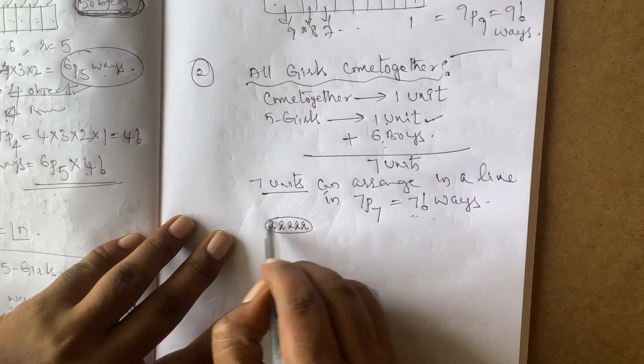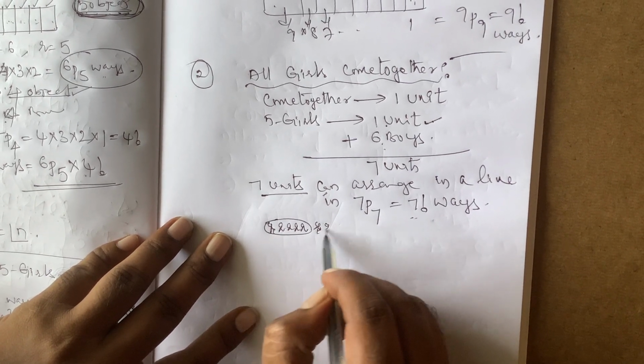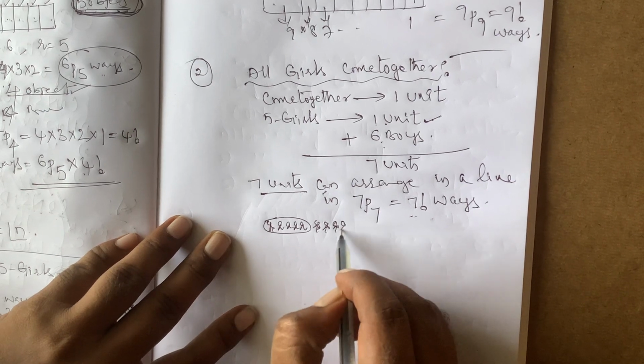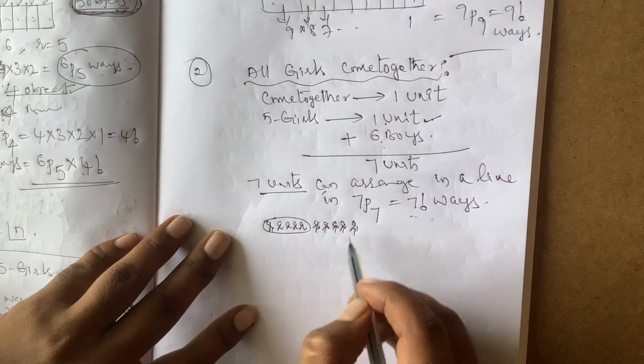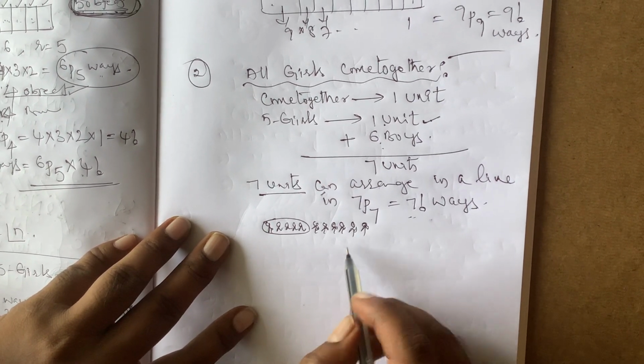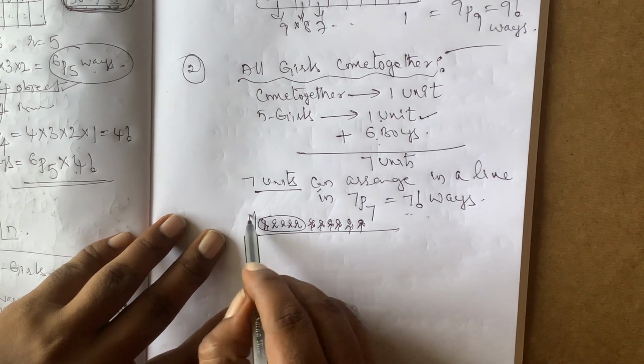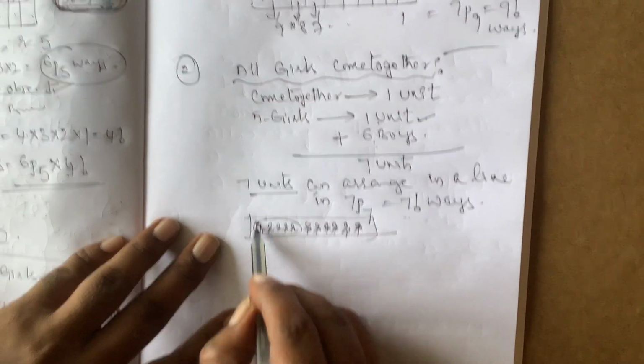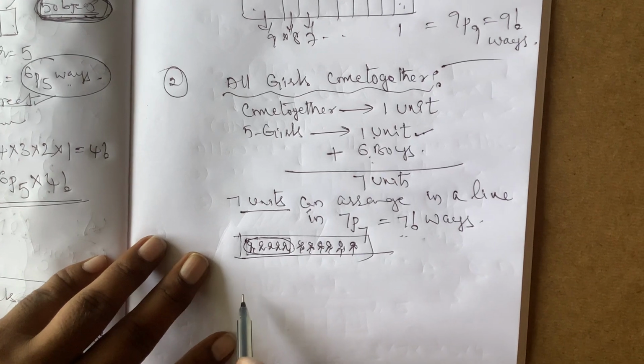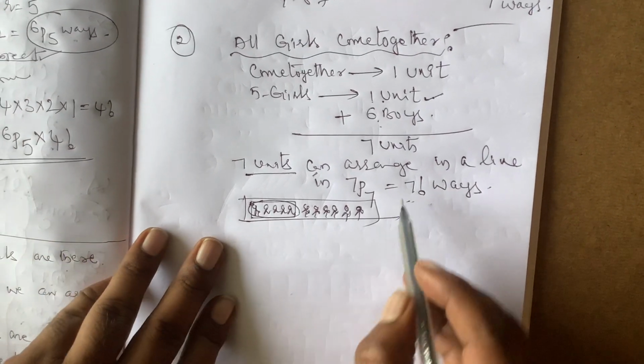I tied the girls as one bundle. Then here one boy is there, here one boy, and so on for all six boys. Then I arrange them. Now listen, 7 factorial.